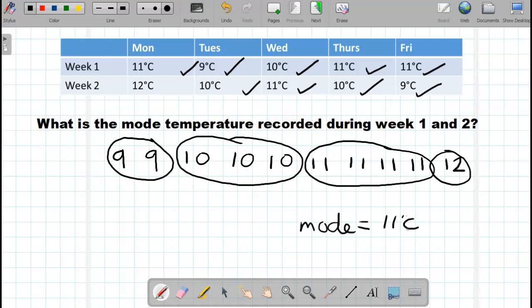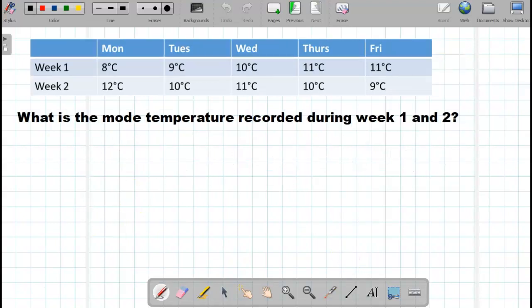The other thing that can happen is that we can have values repeating. So let's have a look at some data where that happens. So in this one, again, it's all to do with temperature. I'm going to go through the same process again. So starting with the lowest value of 8, followed by a 9. 2 9s, I think, there.